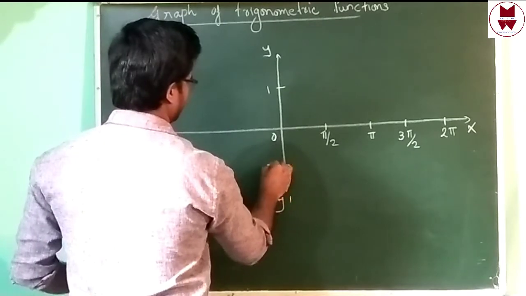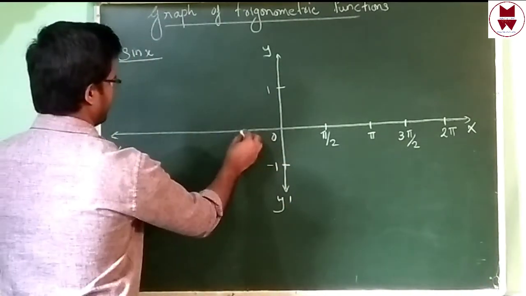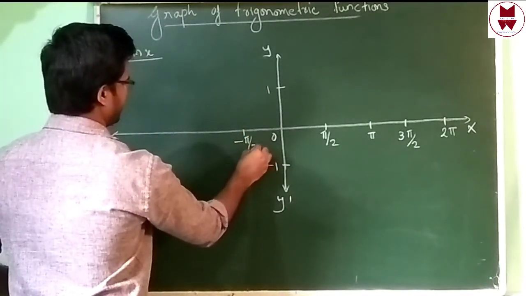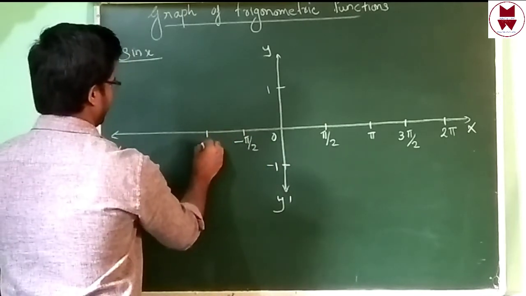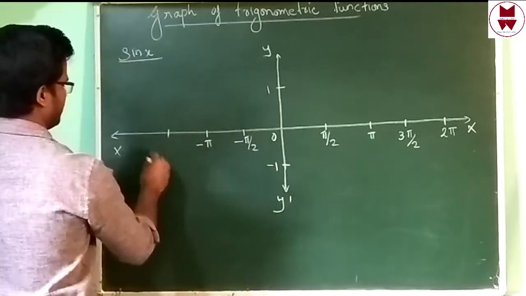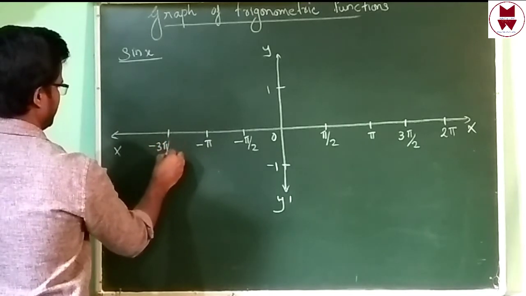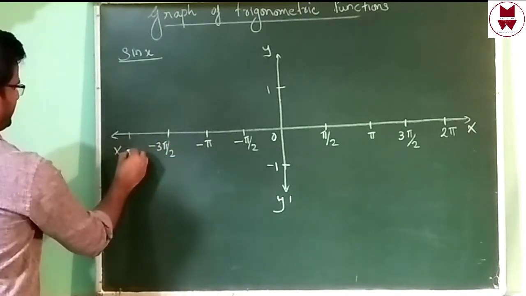On the Y-axis, 1 and minus 1. On the left side, minus 90, minus pi by 2, minus 180, minus 3 pi by 2, that is 270, then minus 2 pi.